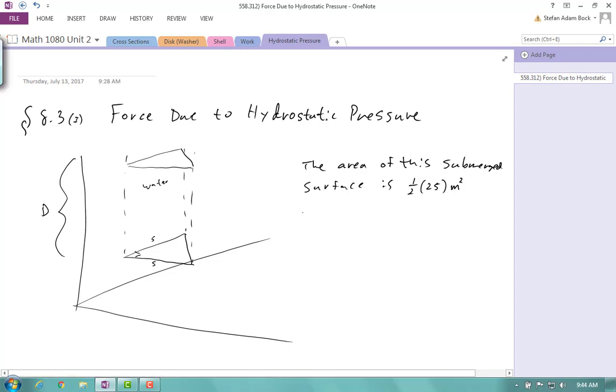So the volume of the water sitting on top of the surface is d times the area. So that's the area of the base times the height of that column of water I have there. So d times 25 over 2. And this should be in meters cubed.